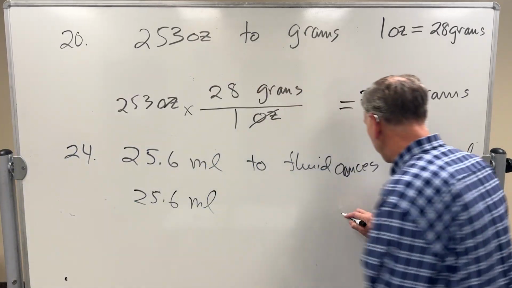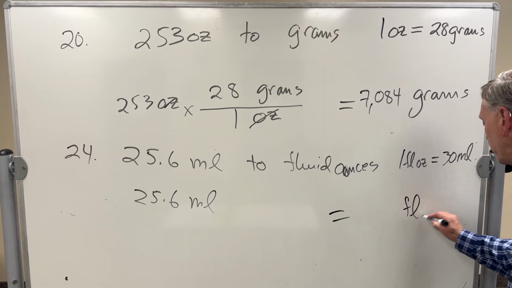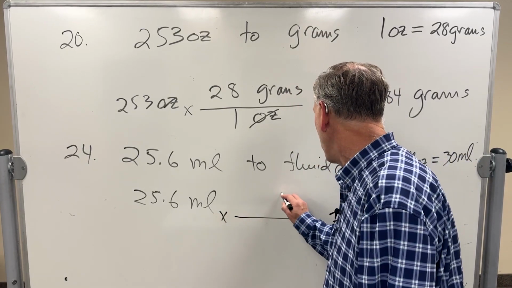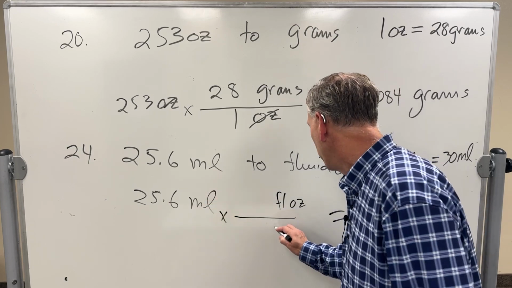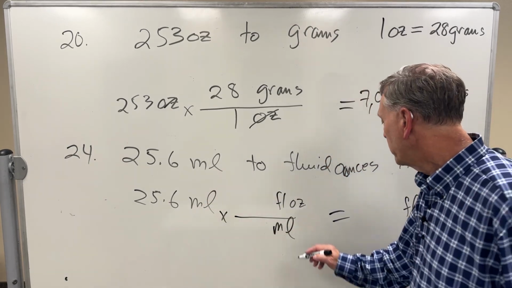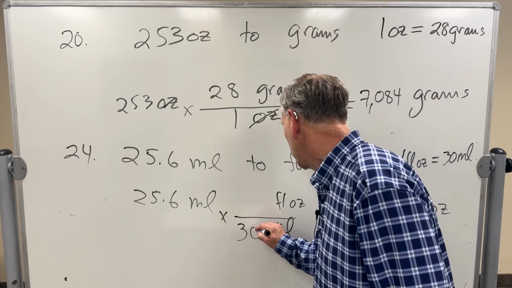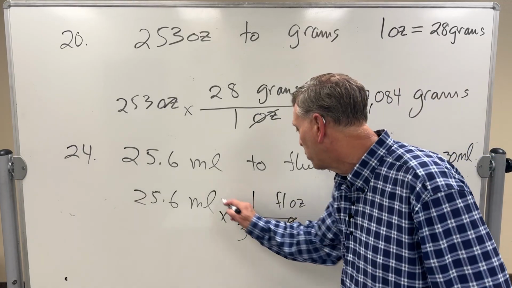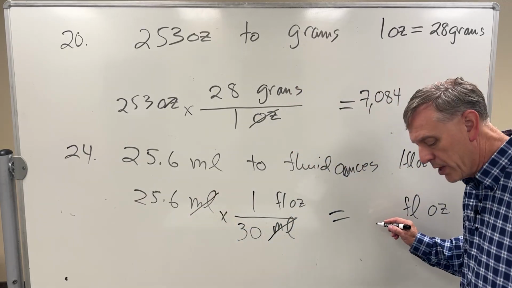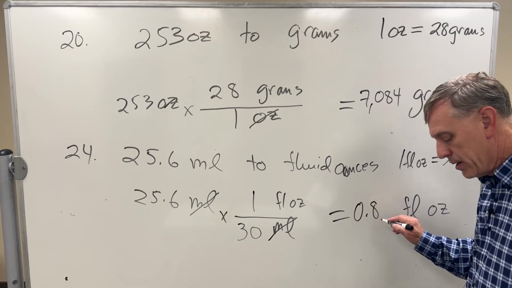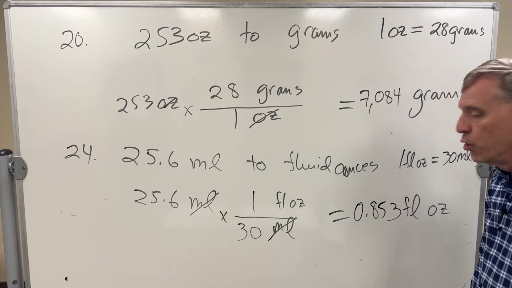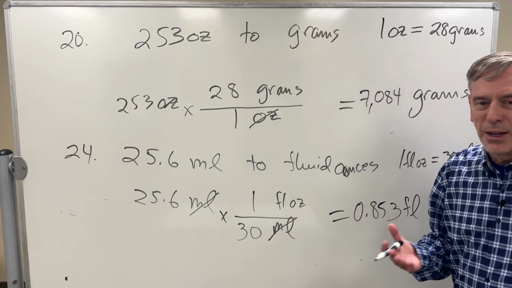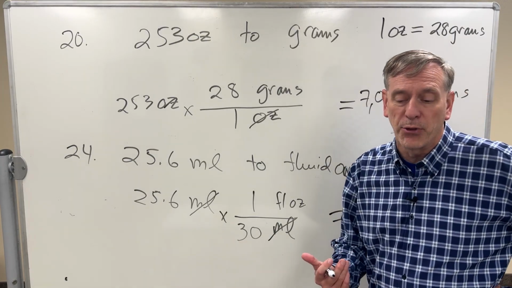And we want over here in the final analysis here is fluid ounces. So we're going to multiply by fluid ounces and divide by milliliters. And so this is, we have 30 milliliters to 1 fluid ounce. And we see when we do this that the milliliters will cancel in the dimensional analysis, and this will then equal 0.853 fluid ounces.